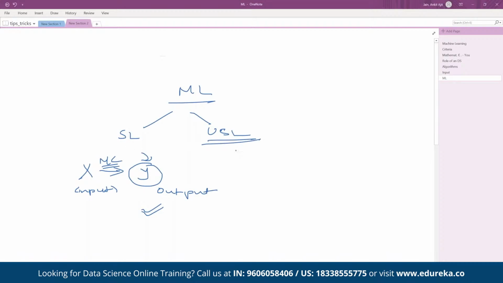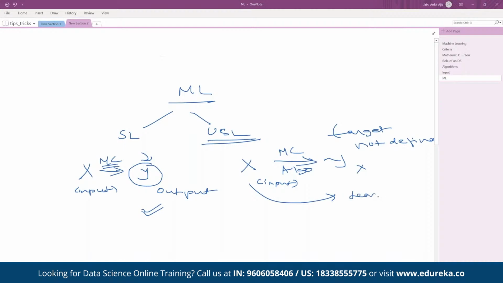And if you are feeding in X, your input data, into a machine learning algorithm, but you have not told it what Y you want, the target is not defined, so what will the machine do? The machine will automatically learn the pattern itself. In that case, it is known as unsupervised learning.